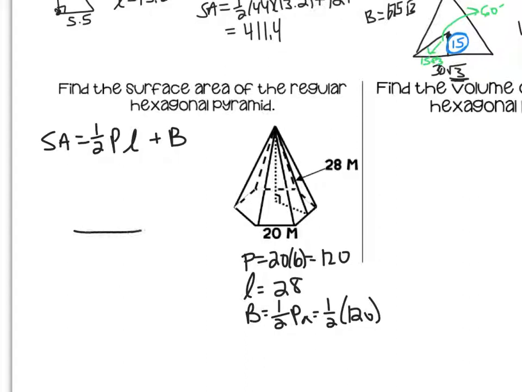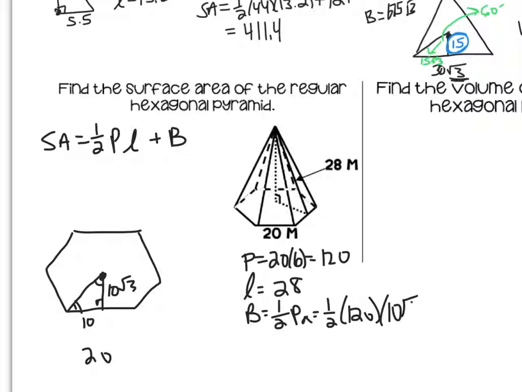What should I do? Draw my hexagon. Yeah, so the whole thing is 20. To find my apothem, I need to split the 20 in half. This makes a 30, 60, 90 triangle. So then my apothem is going to be 10 square root of 3. So area of my base is going to be 600 square root 3.